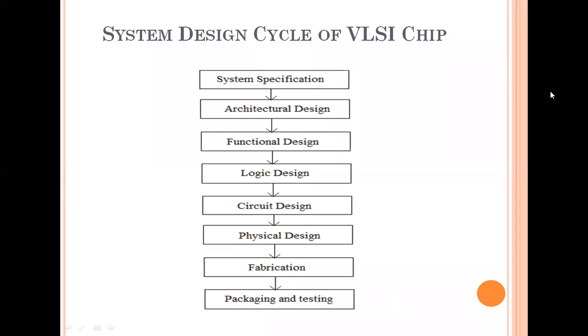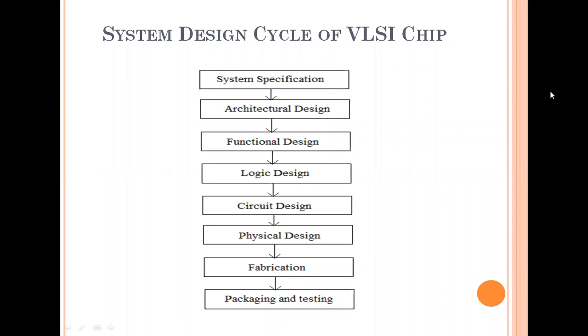Okay, the next stage is the physical design. In the physical design, we have to prepare the actual layout of the circuit, right? Whenever we prepare a layout of any circuit, we have to use software, one of which is Microwind. In our practical sessions also, we will refer to the Microwind software.